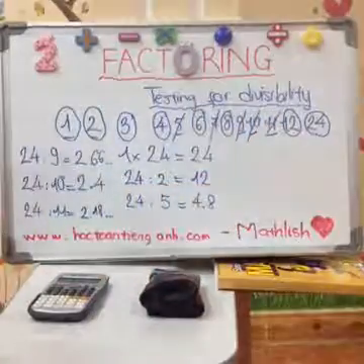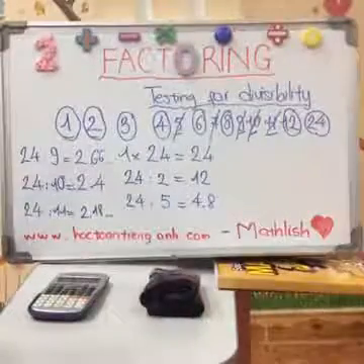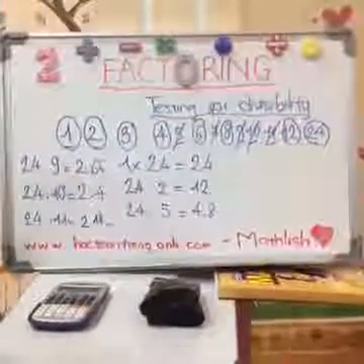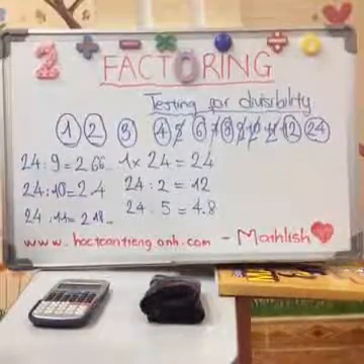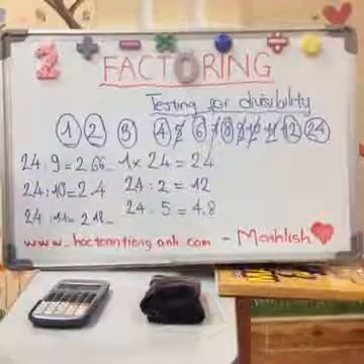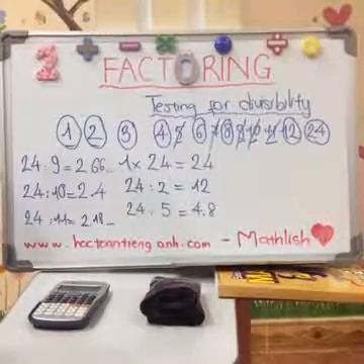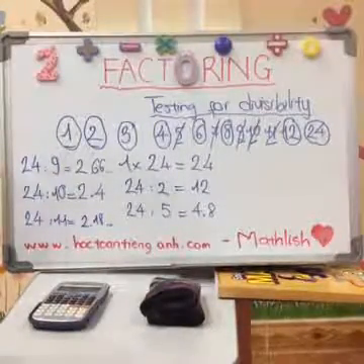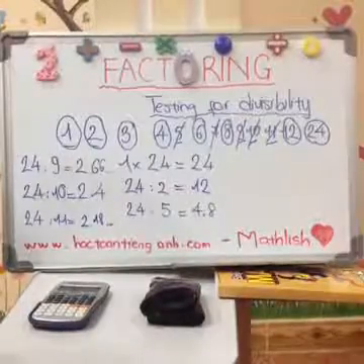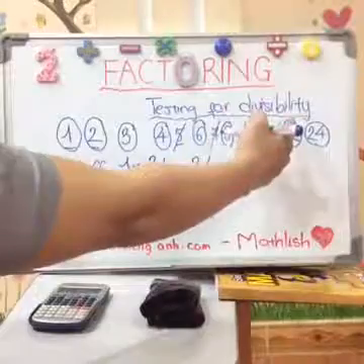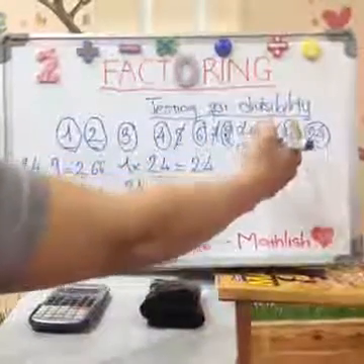Okay? Now, I know that seems like a lot of work, but fortunately you probably won't have to do many of those problems. The important thing is just to know what factoring is and how you can use testing for divisibility to help you find factors.